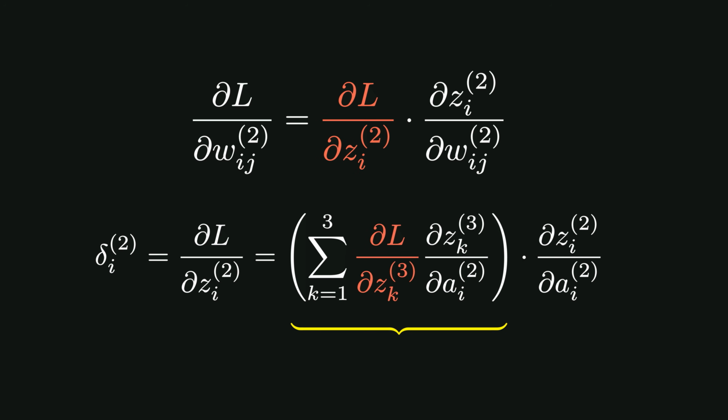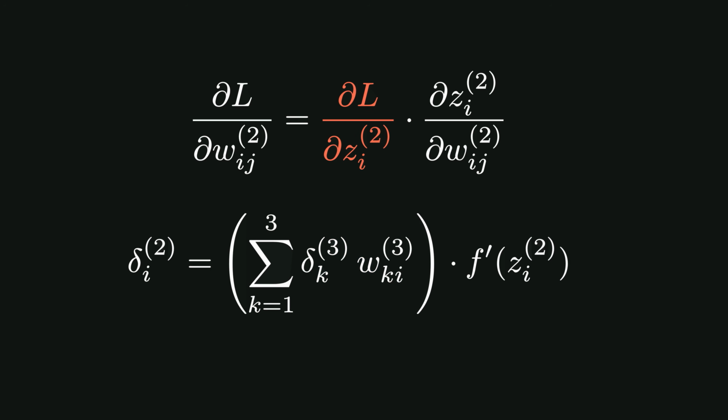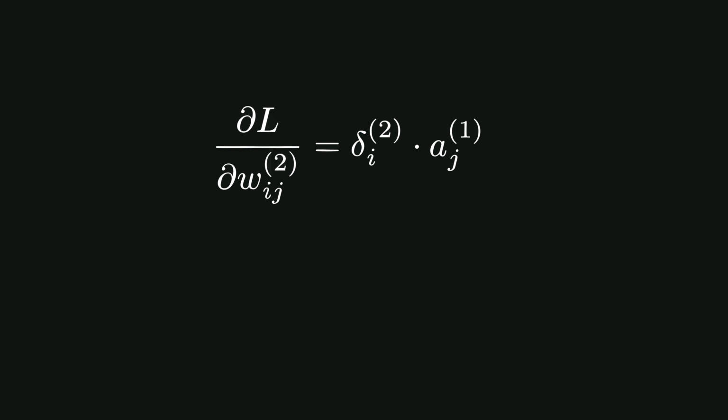In our example, the value for k is 3 because there are 3 nodes in the next layer. So when we solve this, we end up with an expression for delta 2, which is written in terms of all 3 deltas from the third layer. From here, we can easily write the partial derivative terms for both the weights and the biases. For the bias, it's even simpler. The partial derivative is just the delta term itself.